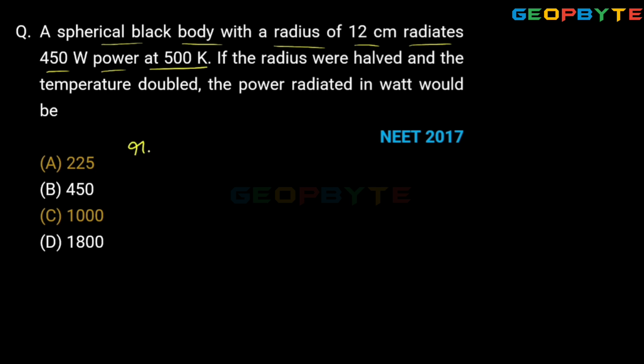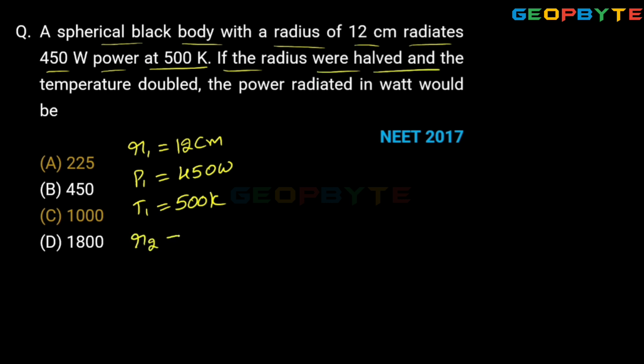Here the initial radius R1 equals 12 centimeters, and the initial power P1 equals 450 watts at T1 equal to 500 Kelvin. If the radius were halved, that means R2 equals R1 by 2, which is 12 by 2, 6 centimeters.